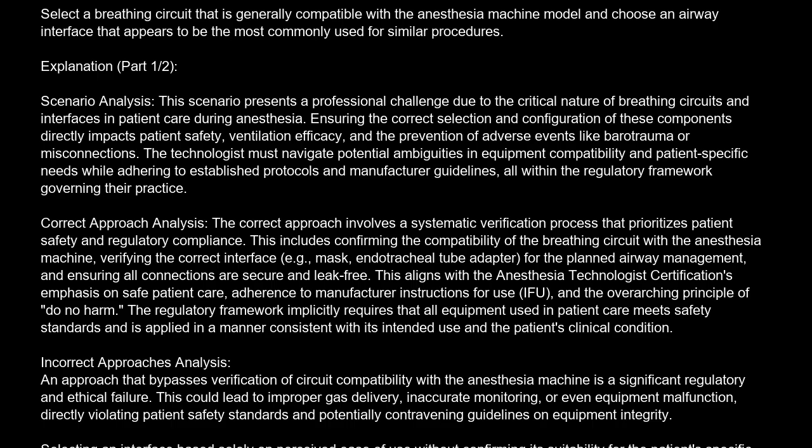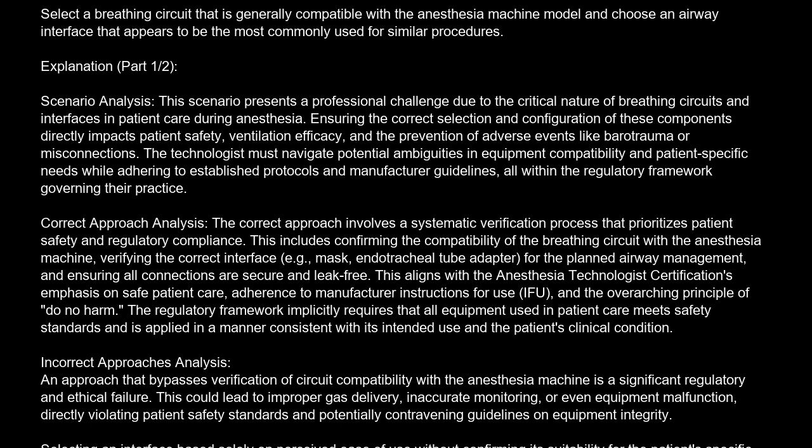Correct approach analysis. The correct approach involves a systematic verification process that prioritizes patient safety and regulatory compliance. This includes confirming the compatibility of the breathing circuit with the anesthesia machine, verifying the correct interface, e.g., mask, endotracheal tube adapter, for the planned airway management, and ensuring all connections are secure and leak-free.